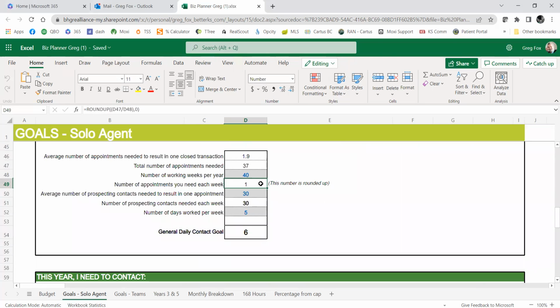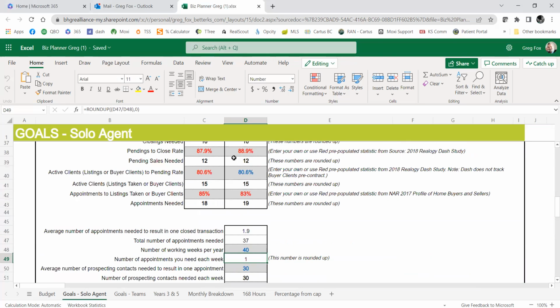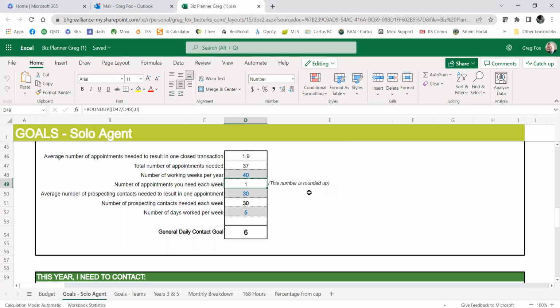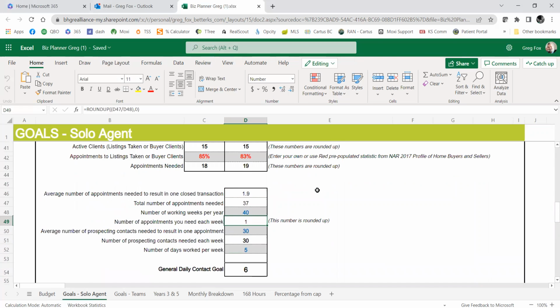Number of appointments you need each week. Well, they do all the math based on everything and say, once a week, you ought to do an appointment. That doesn't sound so overwhelming, does it? 3 weeks per year, you're taking 12 weeks of vacation? I like vacations. So you can change that to whatever you want.